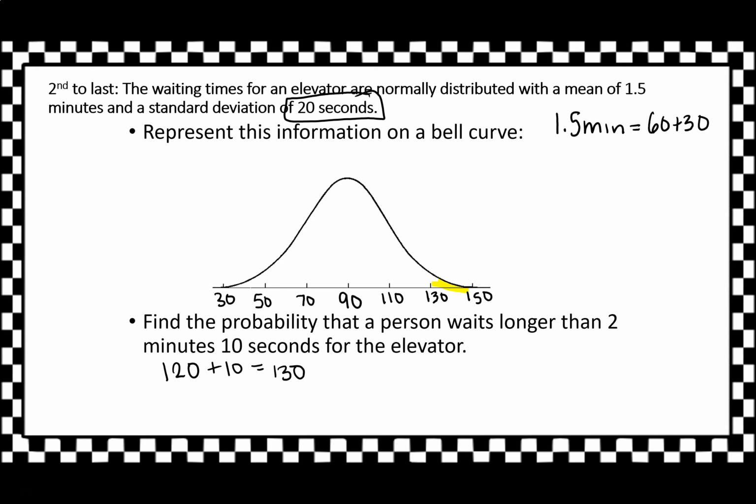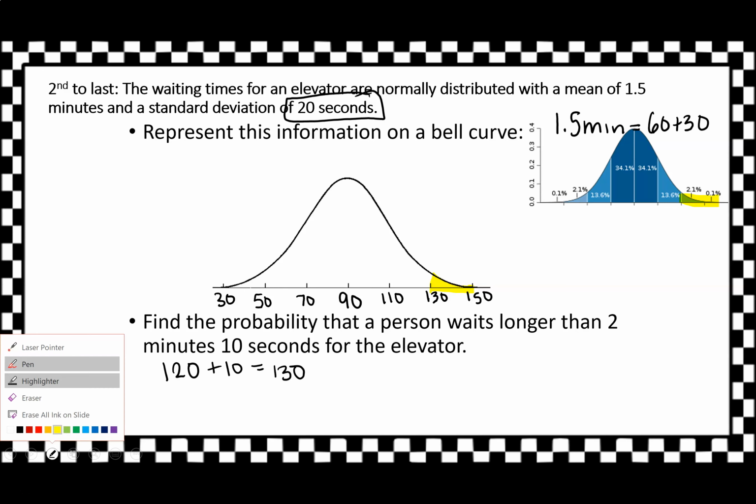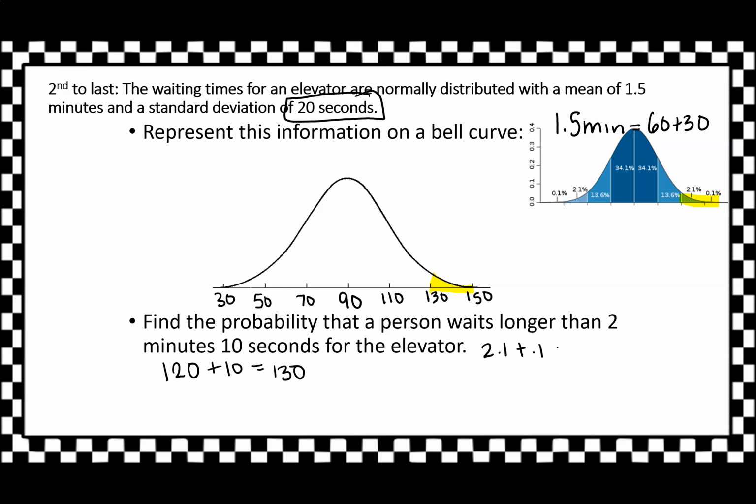So 130, we're talking about this right here. And so that's going to be my 2 standard deviations away from the mean. So we're talking about this 2.1% and that 0.1%. So that is going to actually be a 2.1 plus a 0.1 gives me 2.2%.